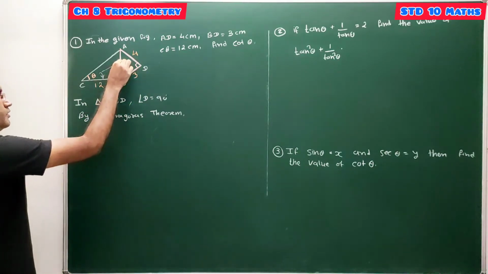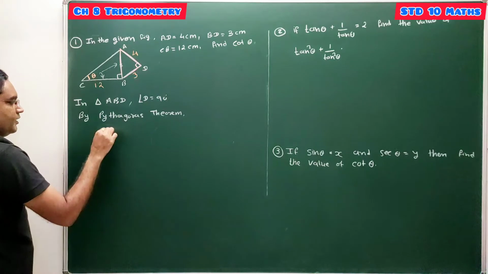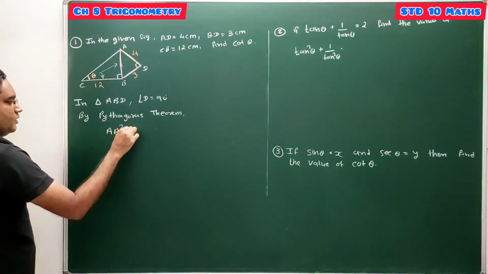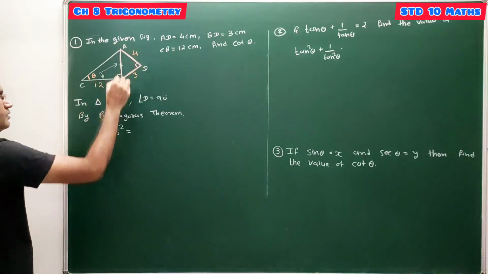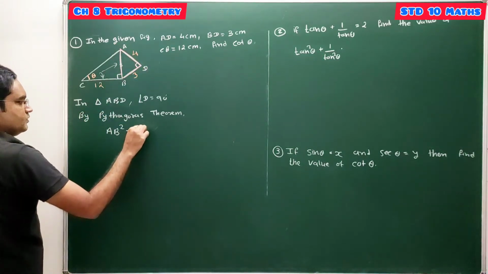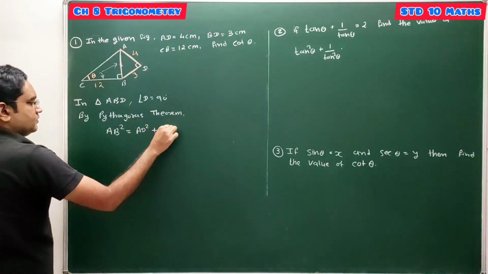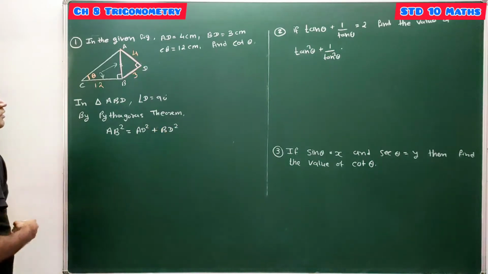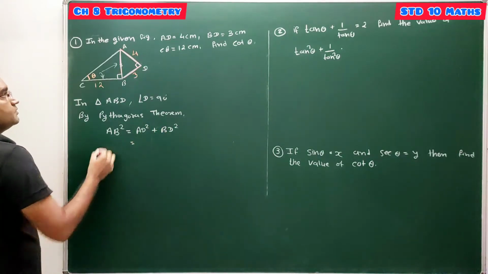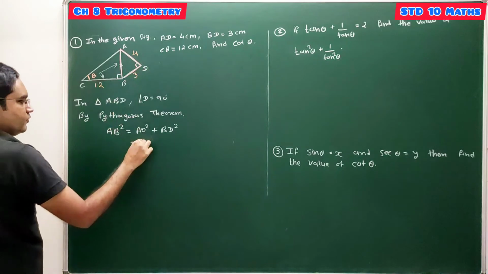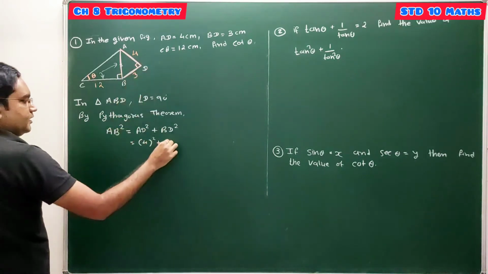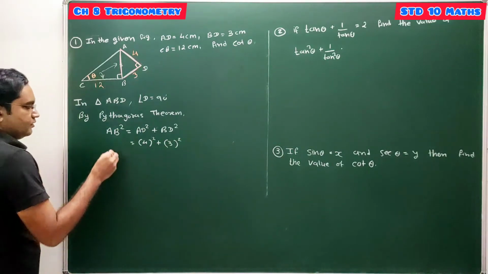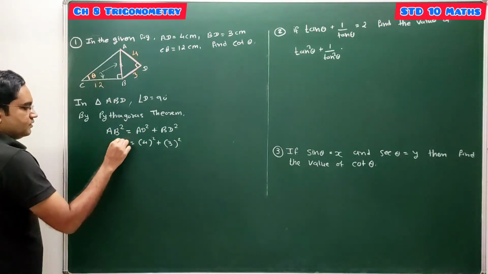So this hypotenuse is AB. So AB square is equal to the sum of squares of the two sides, AD square plus BD square. Now AD 4 square, plus BD 3 square, this is equal to AB square.